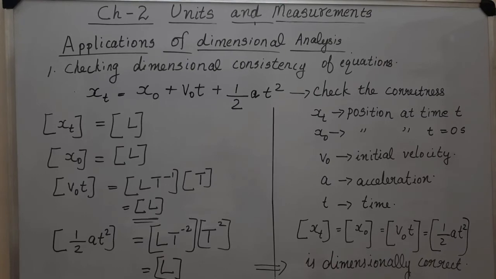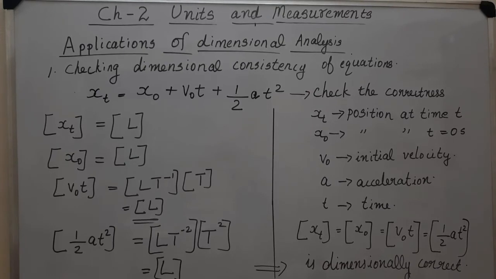In this equation, this half does not have any dimension. So from the method of dimensions, we are not getting any information about these constants. So even if it is a t square, we will get the equation to be correct, because that half is not important there.